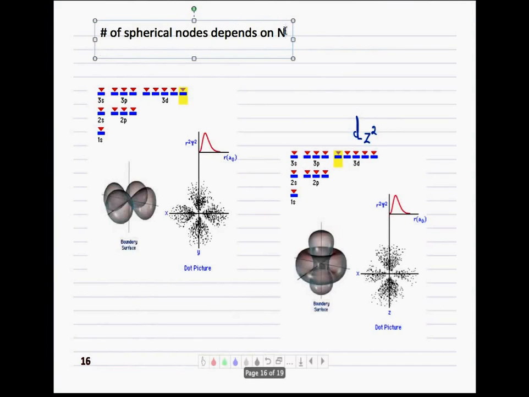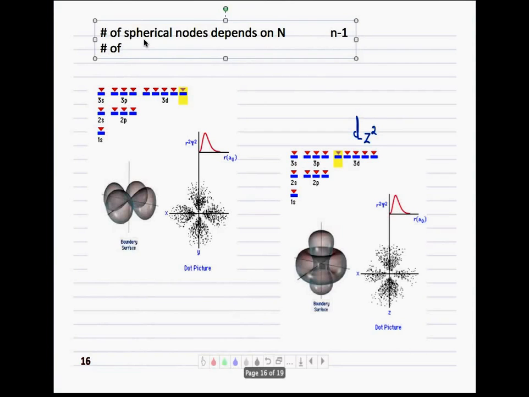So for 1s, we have 0 spherical nodes. For 2s, we have 1. For 3s, it's always n minus 1, so 2 spherical nodes.